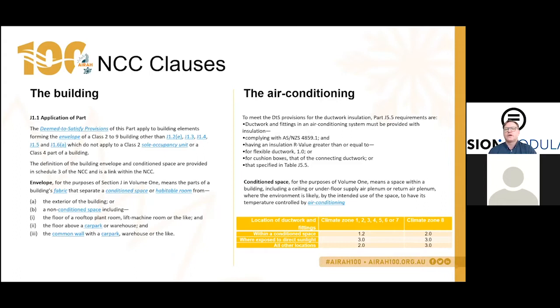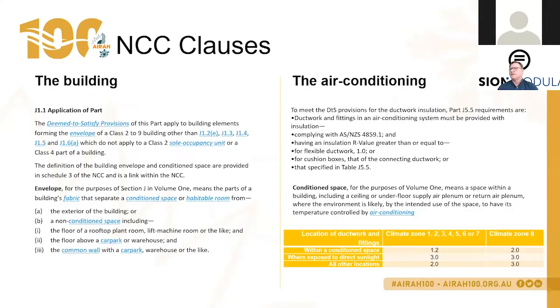The ductwork clauses that we are required to meet are based around the ductwork and the fittings in an air-conditioned space. So the conditioned space and the air-conditioned space do not quite have the same definition.